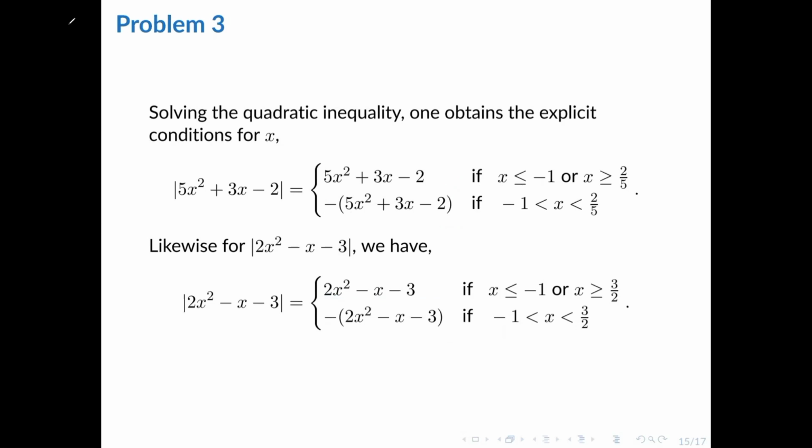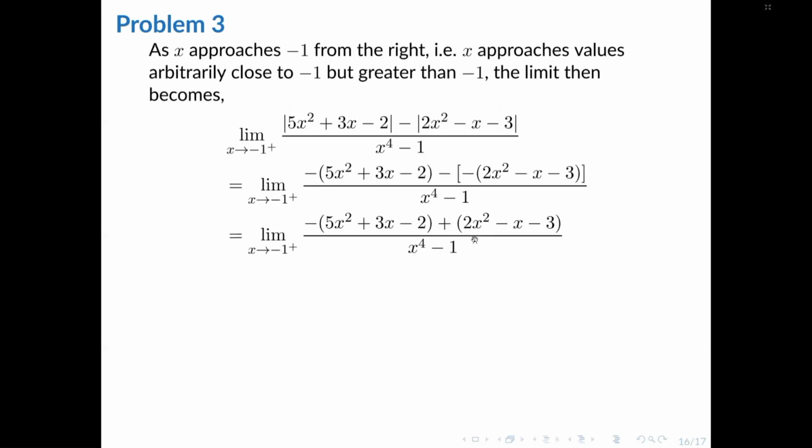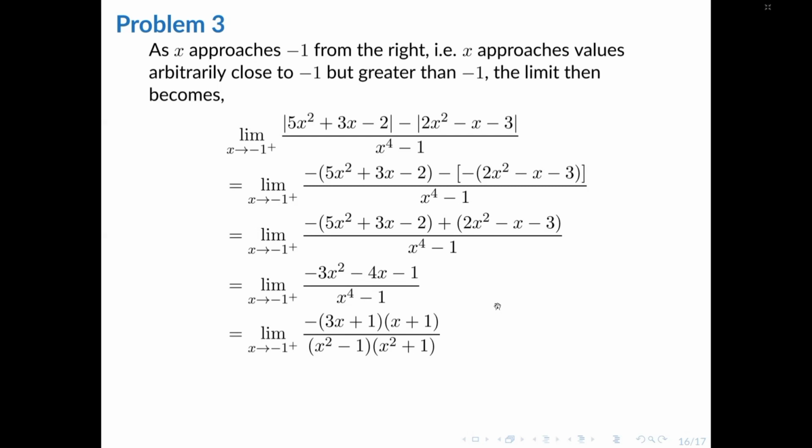So going back to the solution, we can simplify it to negative 3x squared minus 4x minus 1 all over x raised to 4 minus 1. So every step of the way, you can try substituting -1 into the function and see if the answer would be an indeterminate form, or if it can be solved using direct substitution.